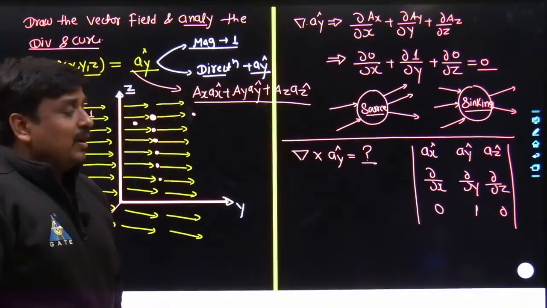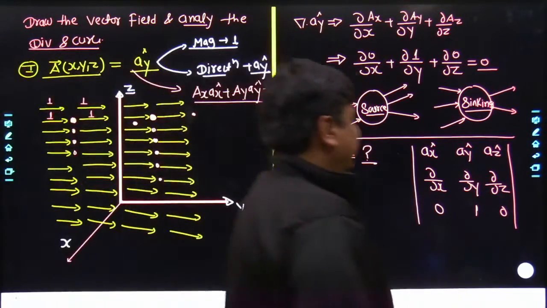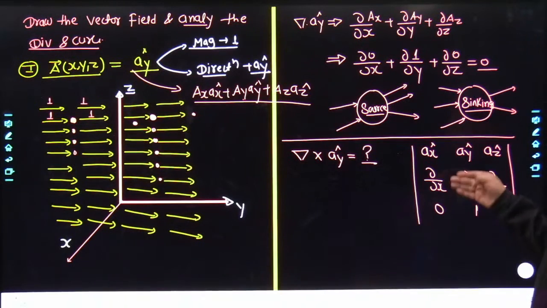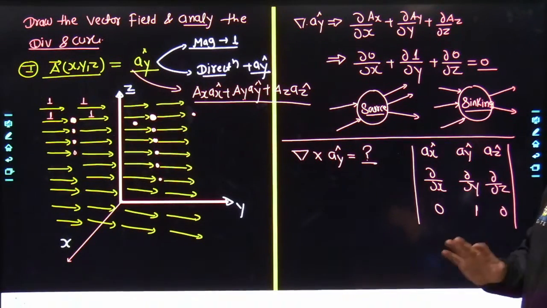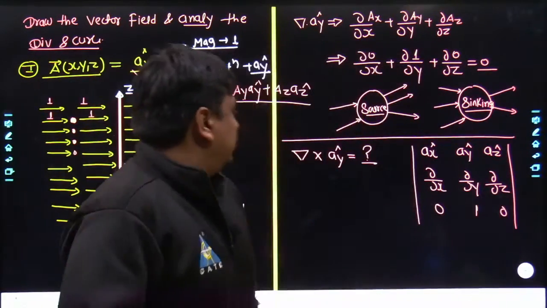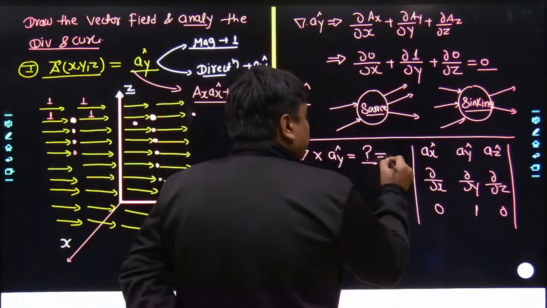Now you can see by yourself what is happening. Once you start differentiating, each and every term does not contain x, y or z. That means once they get differentiated with respect to x, y or z, they are going to result in null. That means the result is simply going to be a null vector.